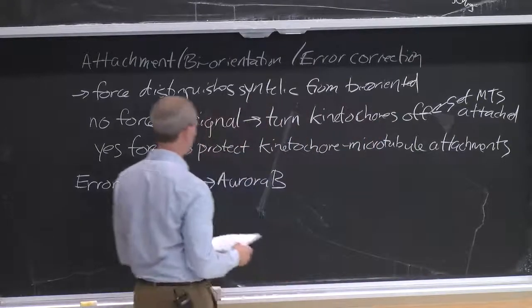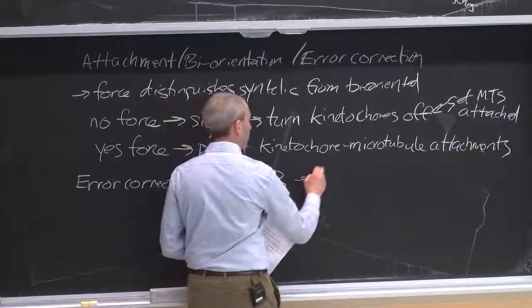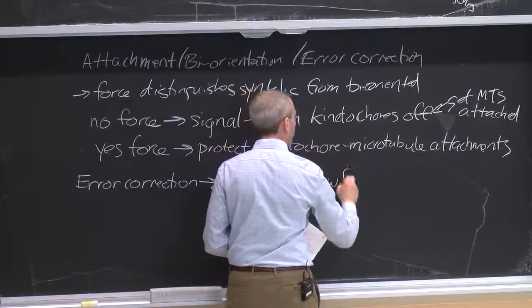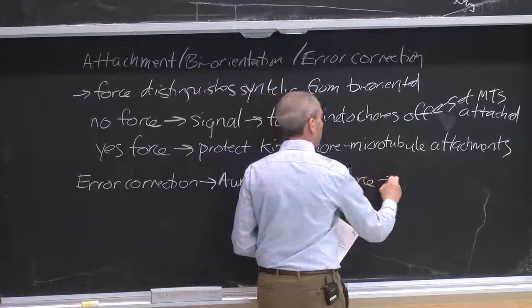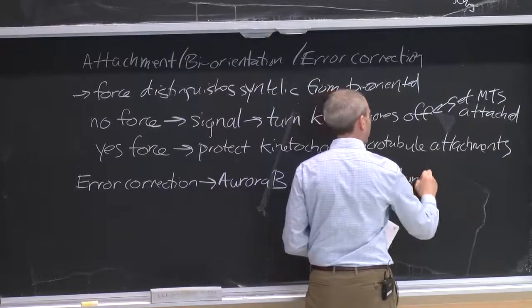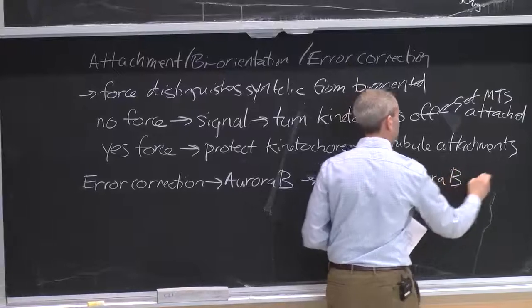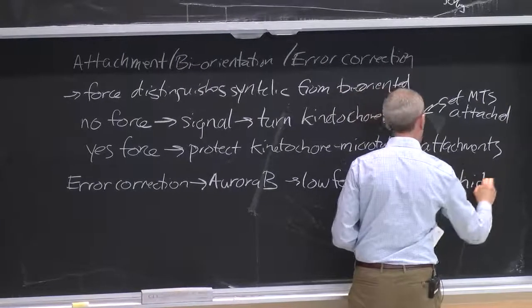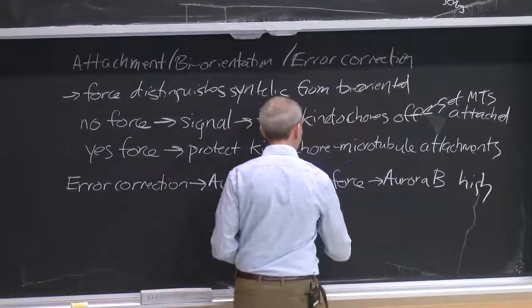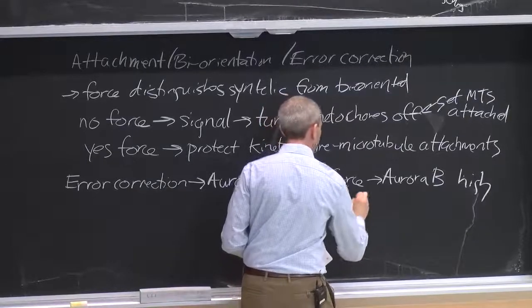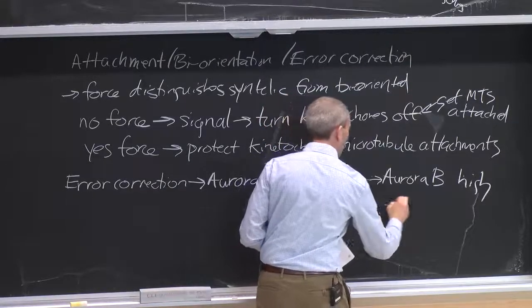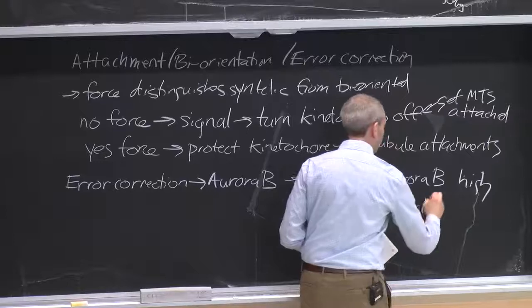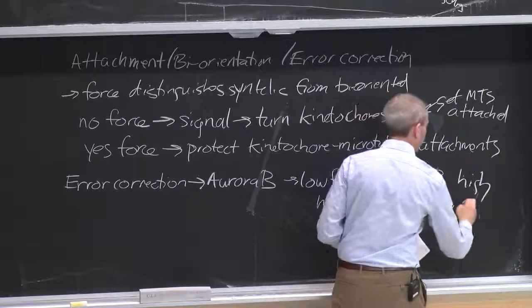And so basically here, when there is low force or no force, Aurora B activity for its substrates is high. But when there is high force, its activity is low on the substrates.